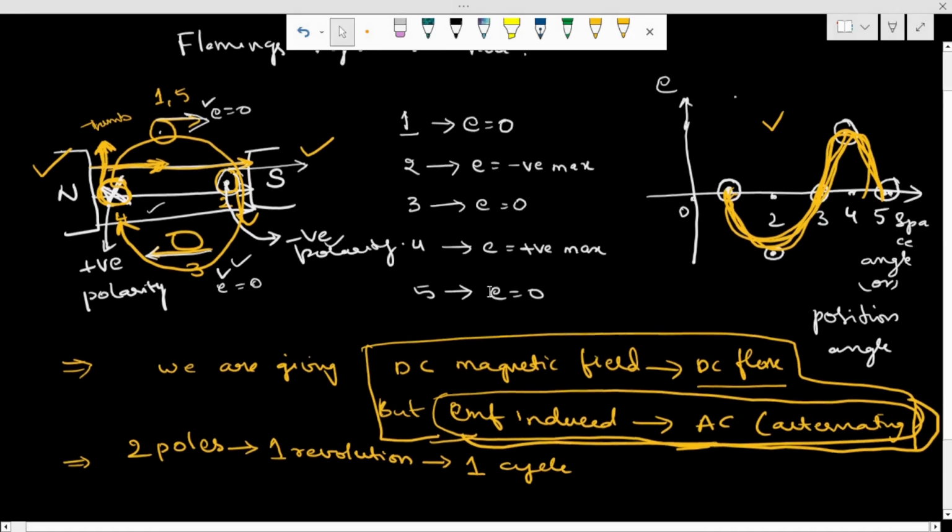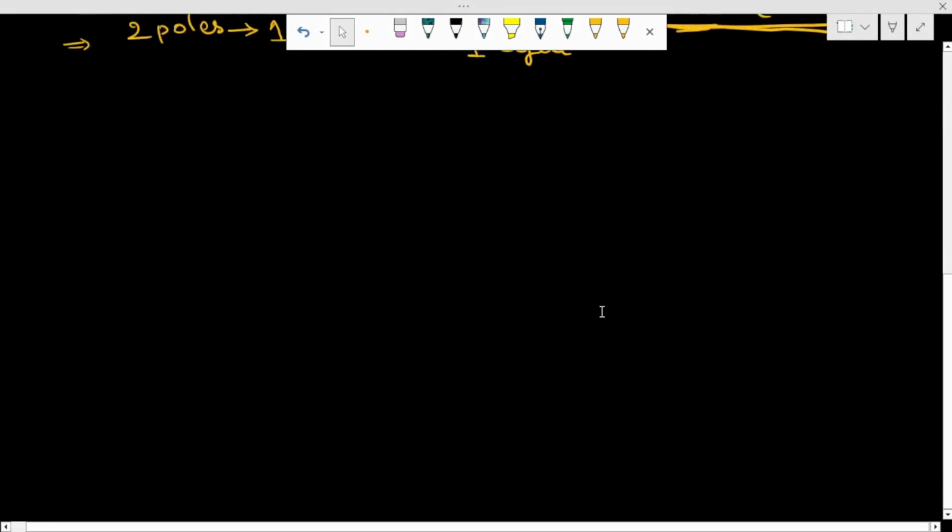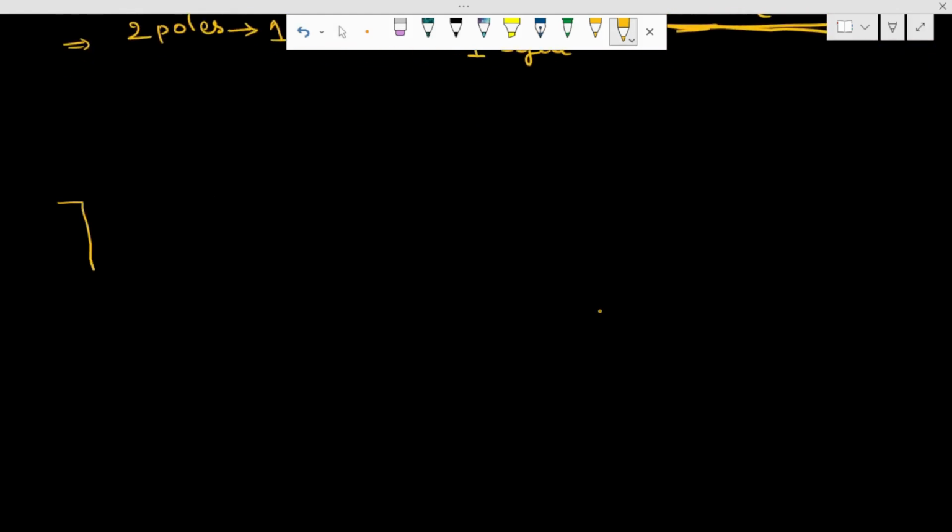Next, we try to see with four poles. North pole, south pole.